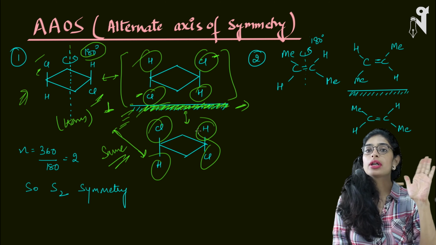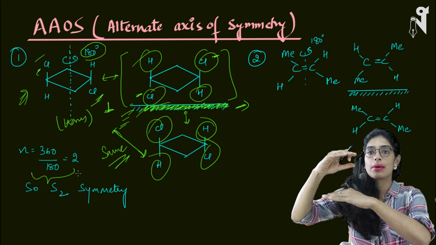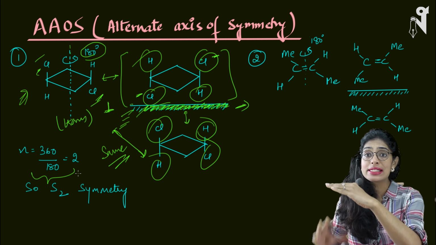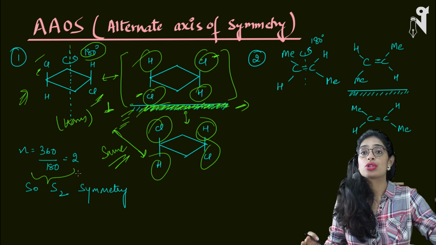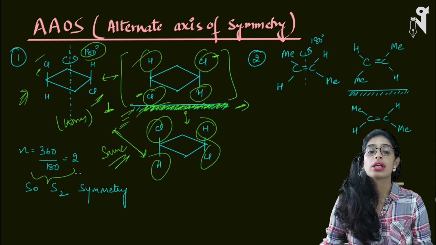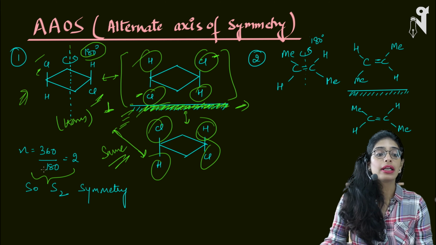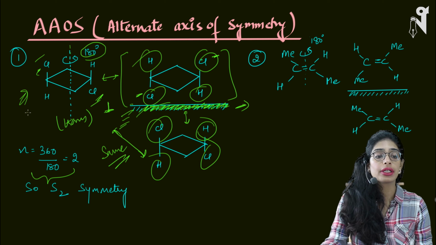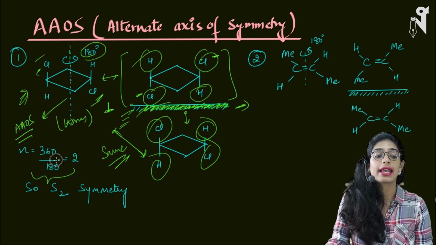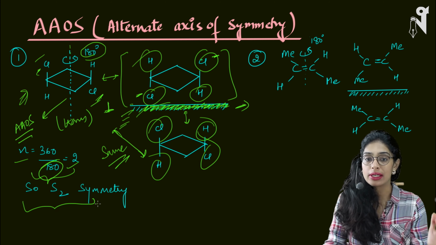If I rotate it through a certain angle and then after rotation I place a mirror in the perpendicular direction, and I get exactly the same reflection as the original molecule, then the axis on which I had rotated the molecule is the alternate axis of symmetry. Here I have rotated it by 180 degrees, hence my n is going to be 2, and I can call it S2 symmetry.